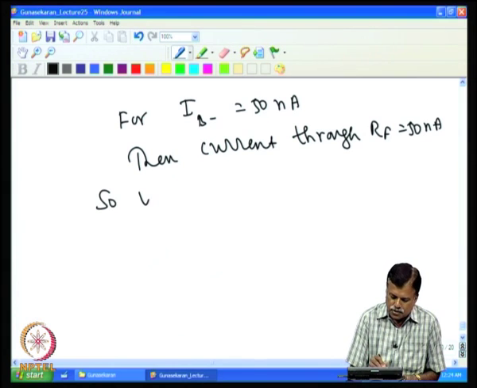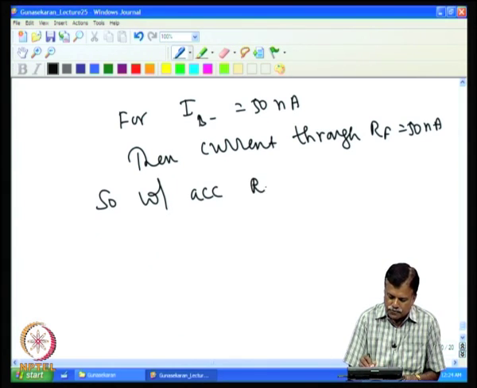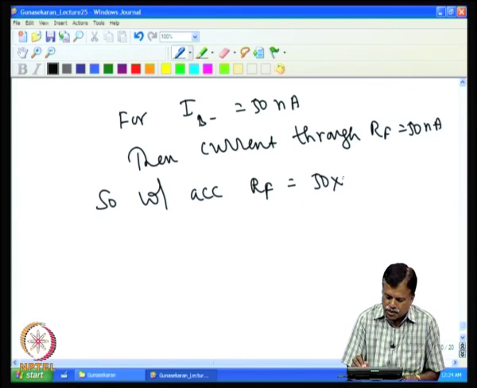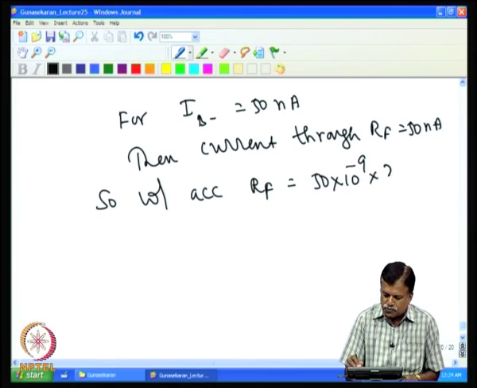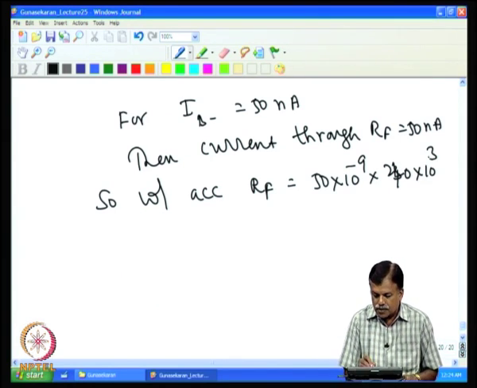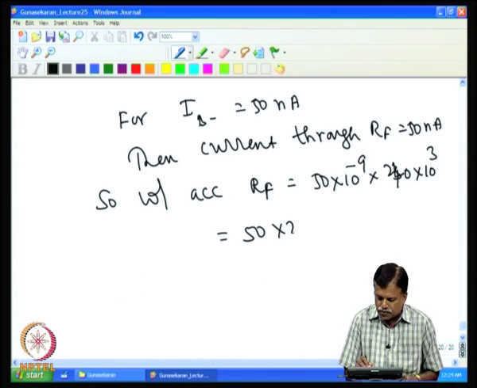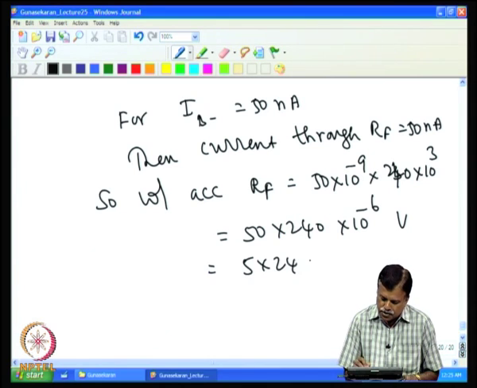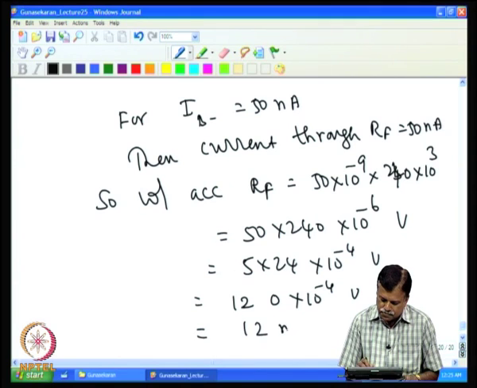So the voltage across RF is equal to 50 nanoampere into 240 k. That comes to 50 into 240 into 10 power minus 6 volt, which is 120 into 10 power minus 4 volt, equal to 12 millivolt.